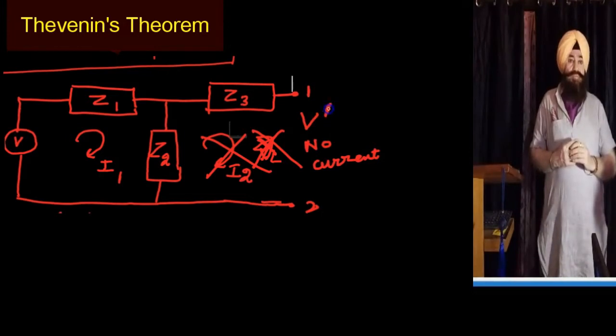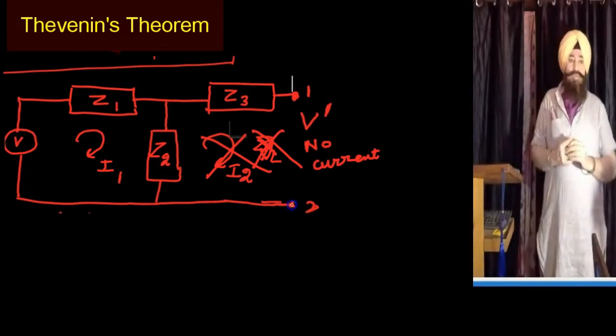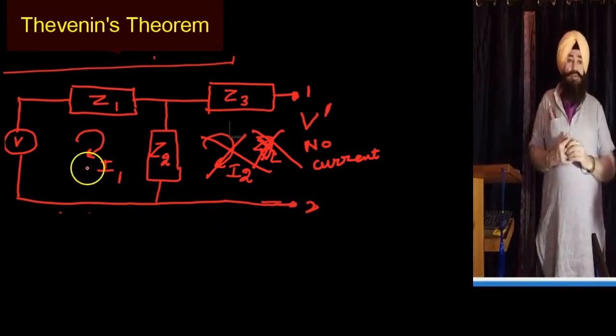And we find the value of V dash between point 1 and 2. What is the voltage between 1 and 2? That is called the open circuit voltage. Now this is only single loop. And from here you write down the Kirchhoff voltage law. Very simple.